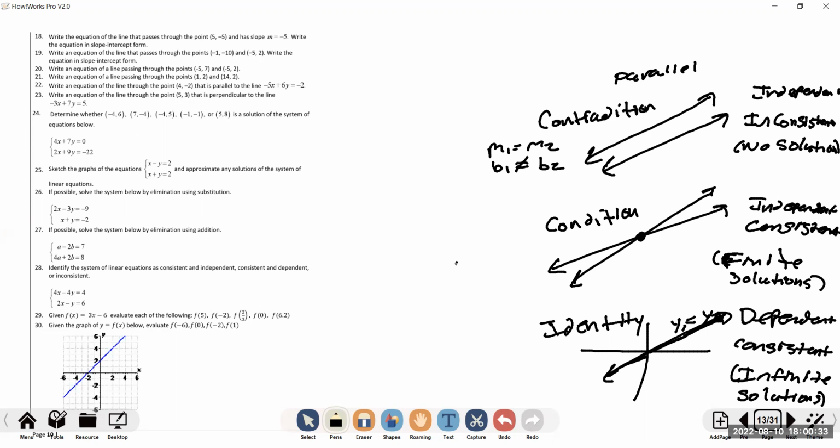This is when we have different slopes. And this is when we have the same slope and the same y-intercept.